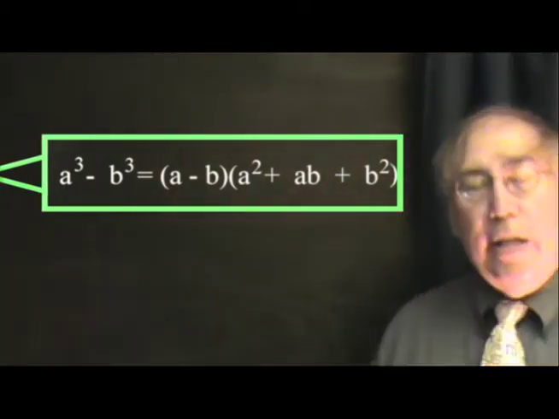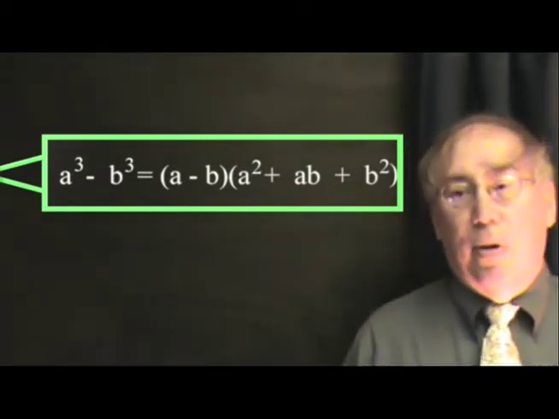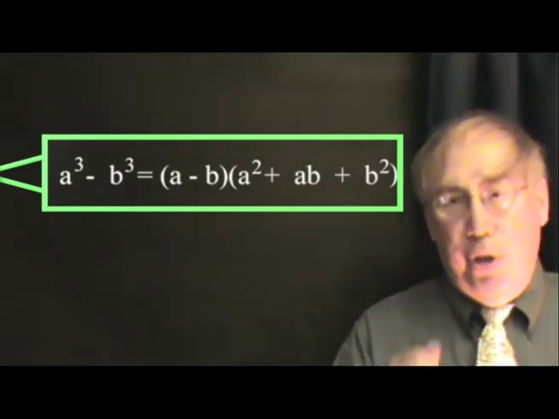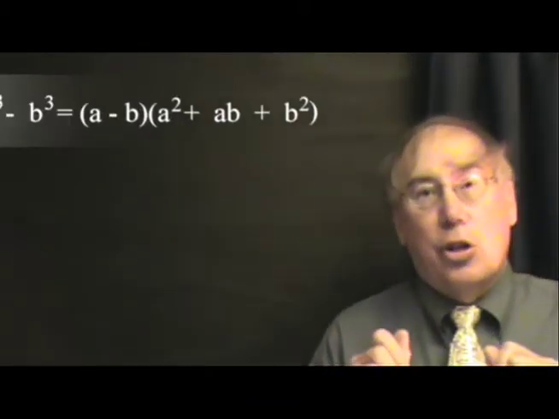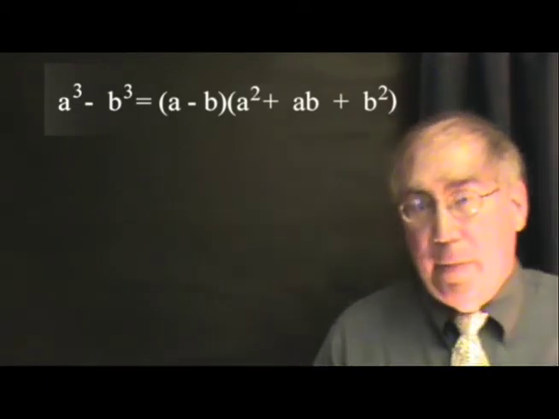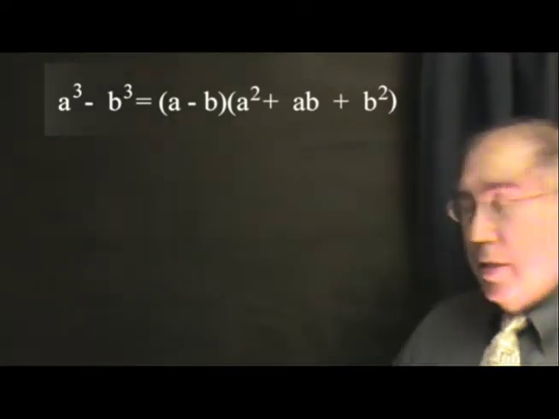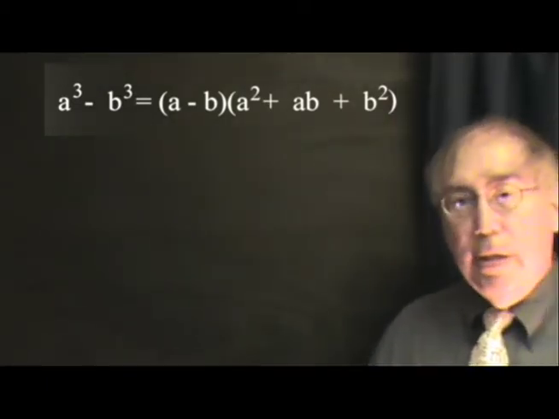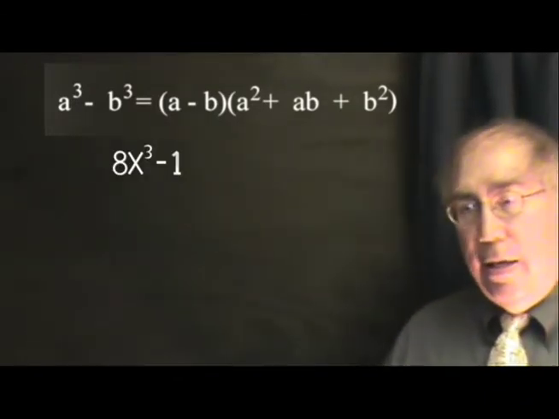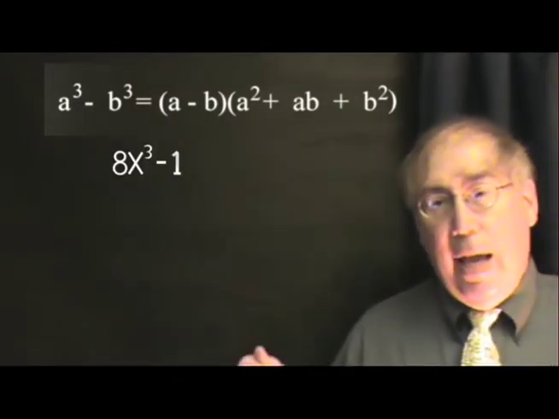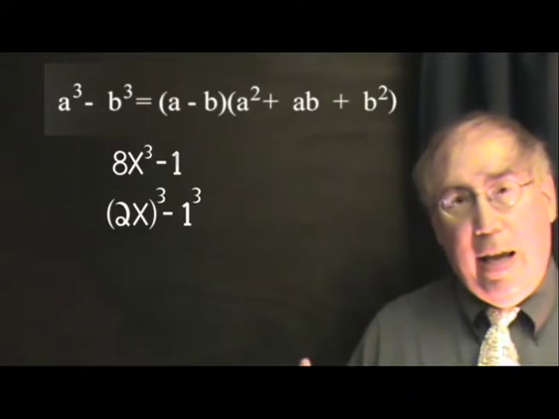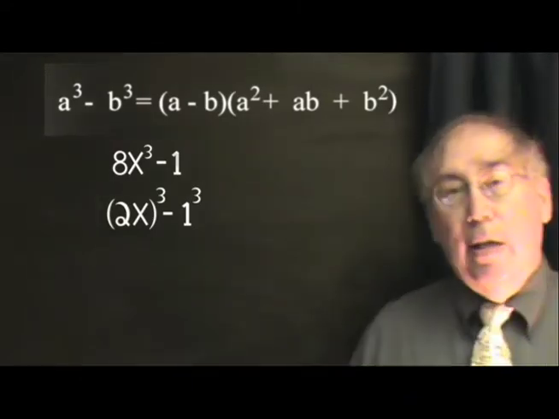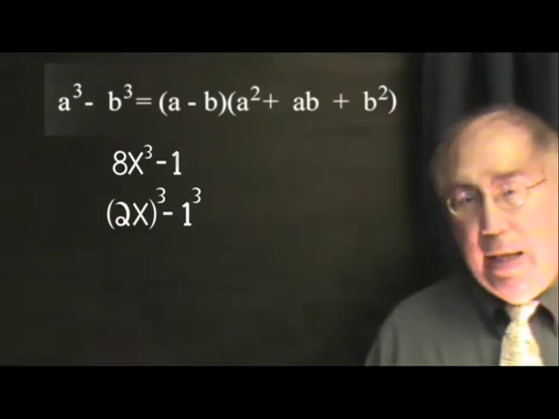Okay, here's our next example here. We have the difference of cubes. Now, instead of taking the square root of each term, we're going to take the cube root of each term. So in our example here, we're going to take the cube root of 8x cubed for our a and the cube root of 1 for our b.